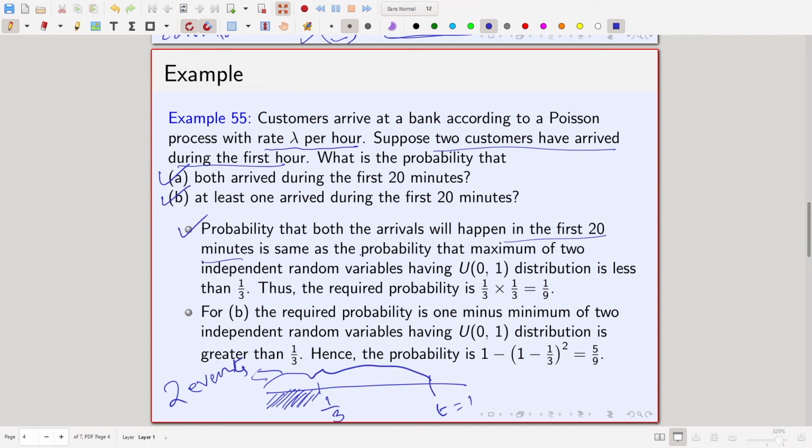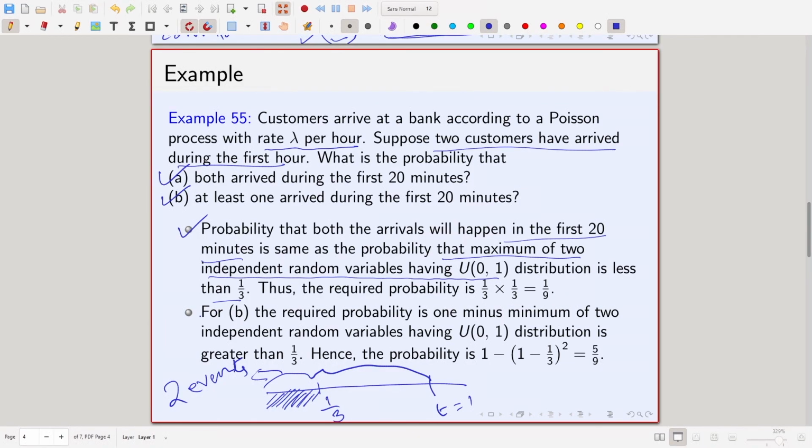The conditional distribution of the arrivals is the same as the distribution of the order statistic. Both arrivals happening within the first 20 minutes means that if I look at the maximum, it is less than 1 by 3. So the probability that both arrivals happen in the first 20 minutes is the same as the probability that the maximum of 2 independent uniform 0 1 random variables is less than 1 by 3.